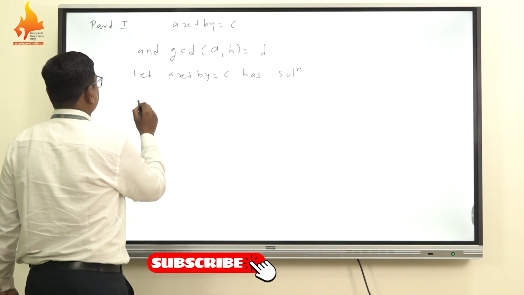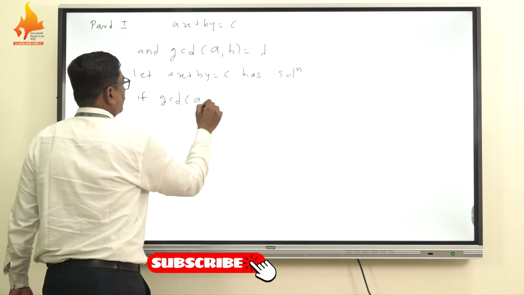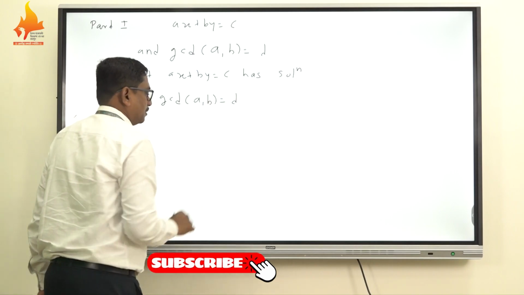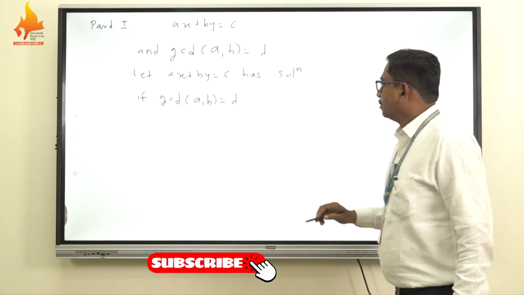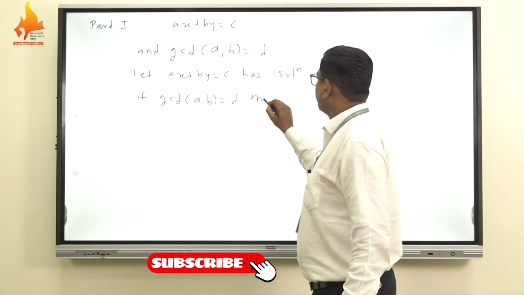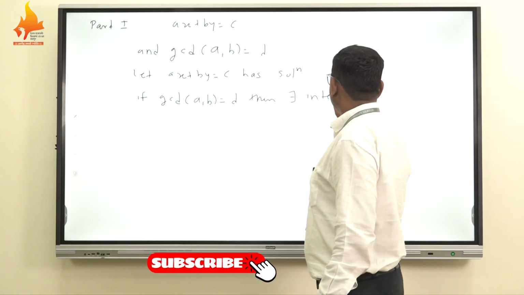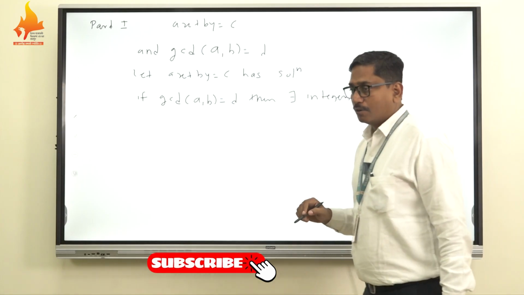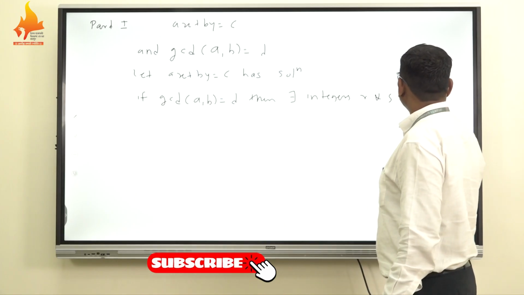As we know, if the GCD of a and b is d, that is, d is the highest common factor of the numbers a and b, then there exist integers r and s, which are relatively prime.